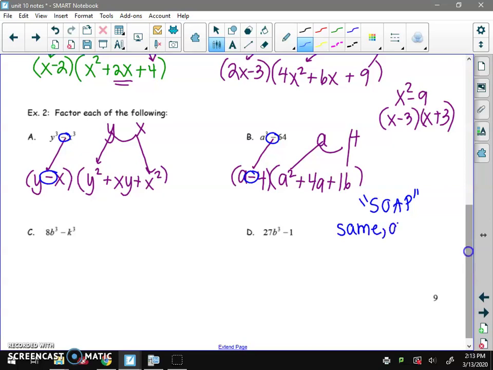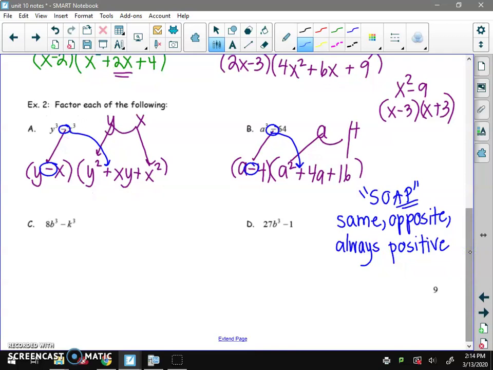The O is opposite, because if this is a minus, this has to be a plus. If this was a minus, this was a plus. So it's always going to be the opposite sign. And then the AP stands for always positive, because that last term is you're squaring something, and when you square something, you're always going to get a positive number.